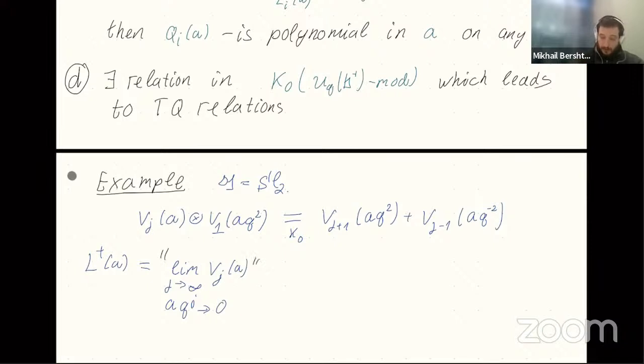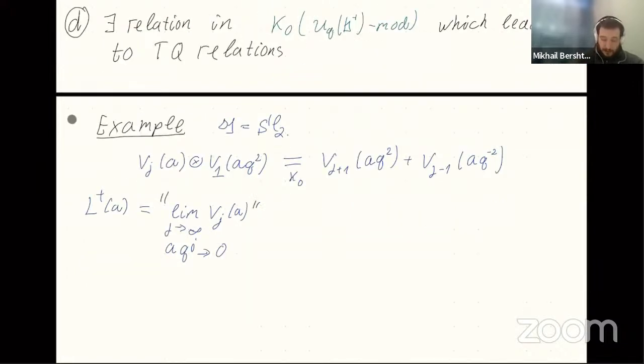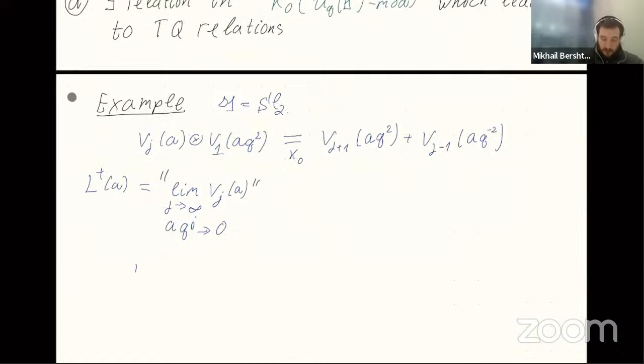Taking the corresponding limit of this identity, we get the following identity in the Grothendieck ring of B plus.